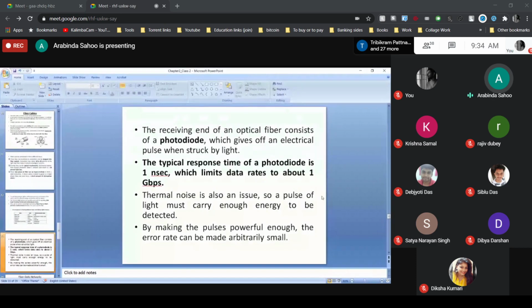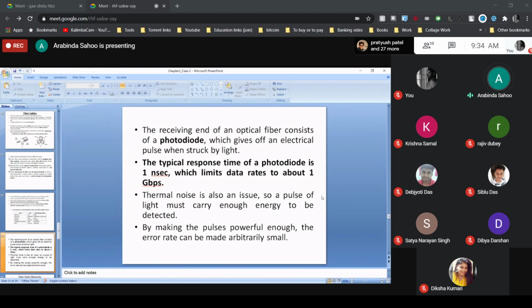The basic characteristic of a photodiode is that when light falls on it, it gives an electrical signal, and based on this signal we can convert it into binary bits: either 0 if the electrical pulse is present, otherwise 1.